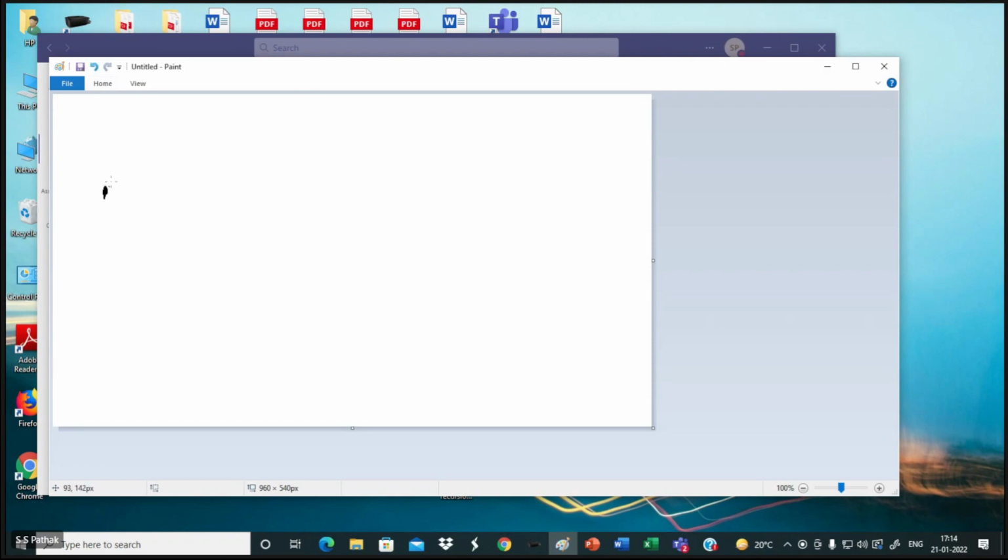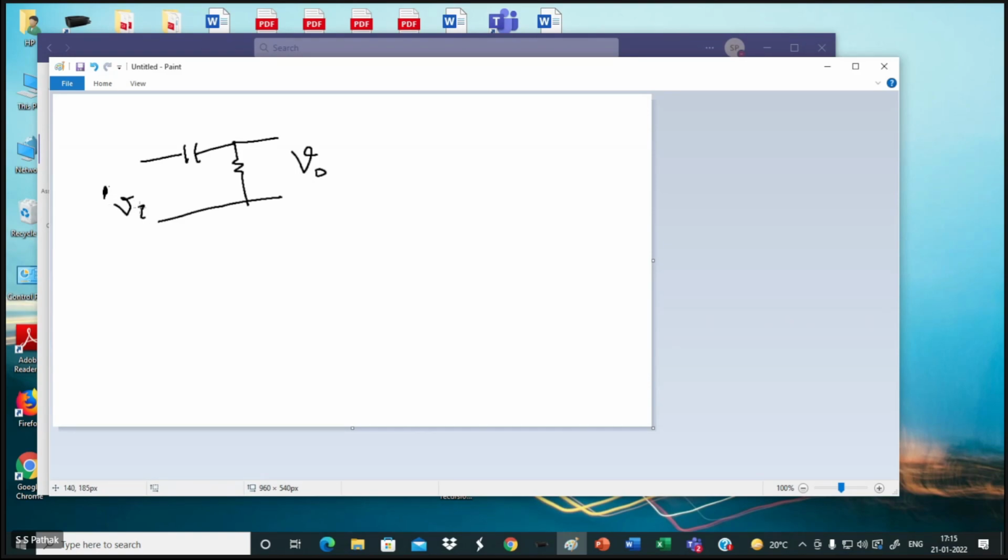Okay, fine. One circuit was like this, the high pass circuit, and we are going for the output like that. This is my V naught, this is my VI. In whatever way I am putting now, VI is a function of t, V naught is coming as a function of t.